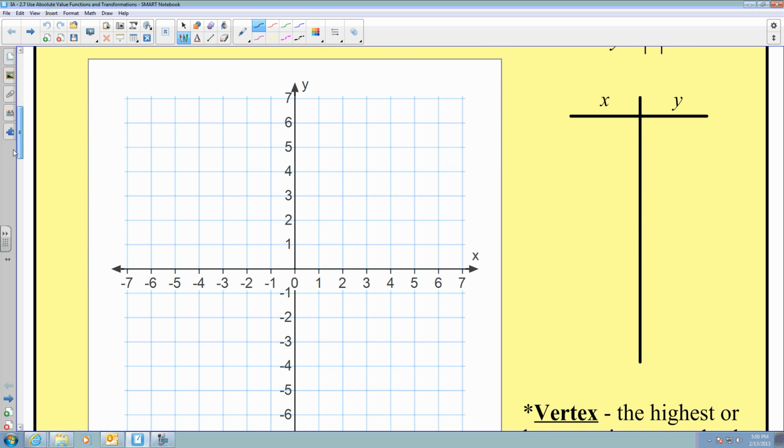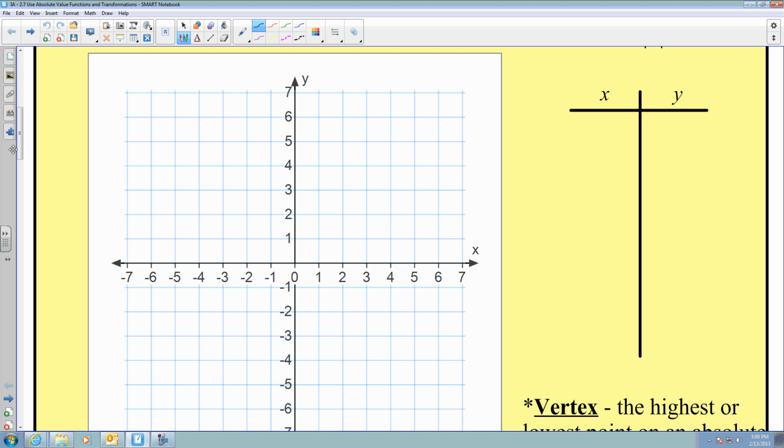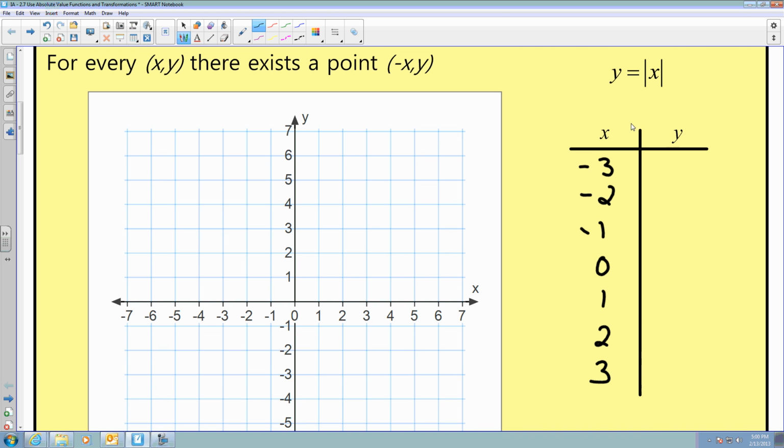Imagine I have a graph here, and I want to plot some points. I want to make up -3, -2, -1, 0, 1, 2, and 3. These are the values of x. I'm going to substitute them into our equation y equals the absolute value of x, and then solve for y.